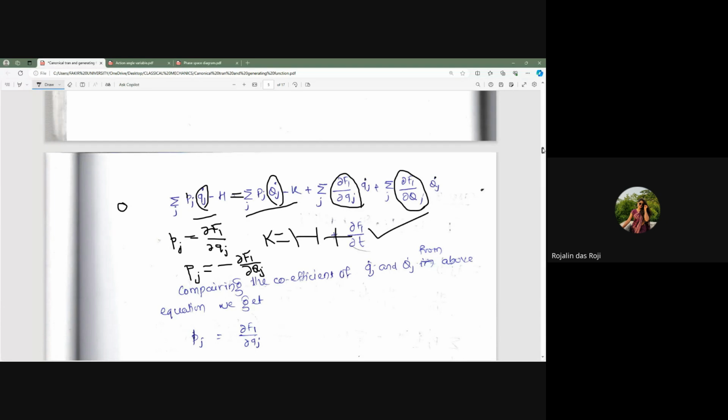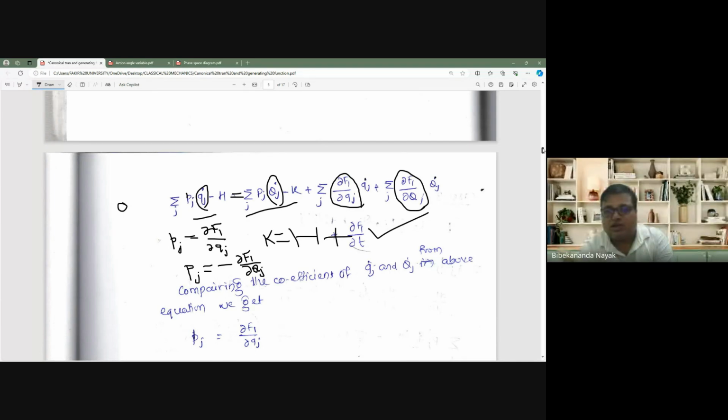In this way, we calculate the unknown variables from a known generating function. For the F1 case, it is a function of small qj and capital Qj, so we calculate small pj and capital Pj from these formulas, and the new Hamiltonian K is H plus dF1 by dt.